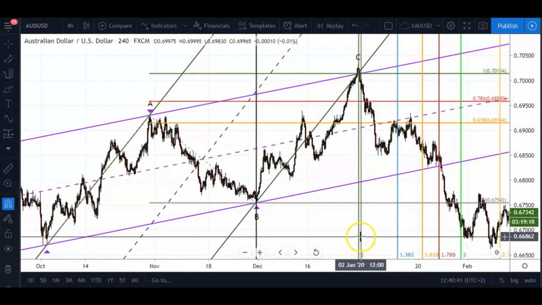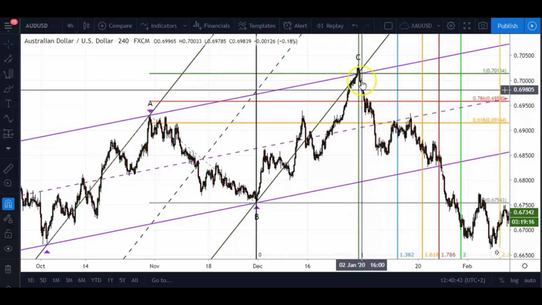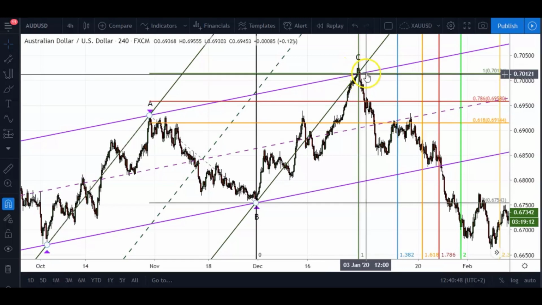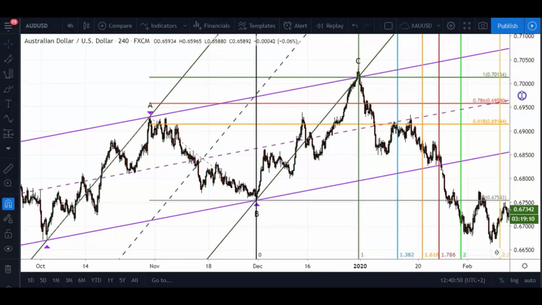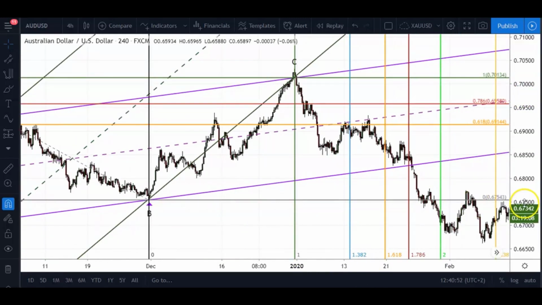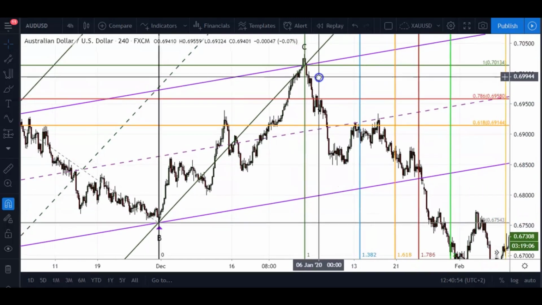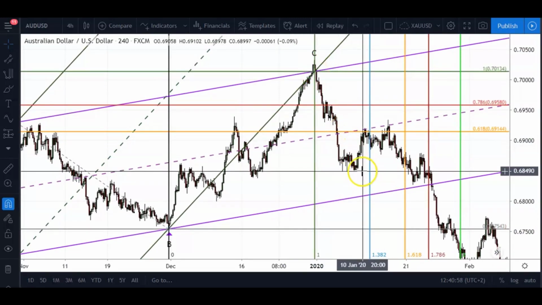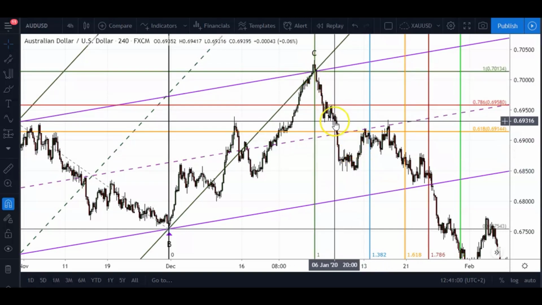You'll see we got 100% extension in time over here. That gave us four different, pretty strong indications of where everything came together at this high, that something important could have happened afterwards, and we had a massive reaction lower.